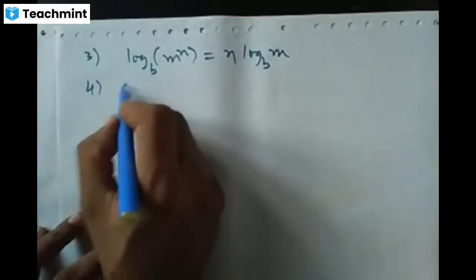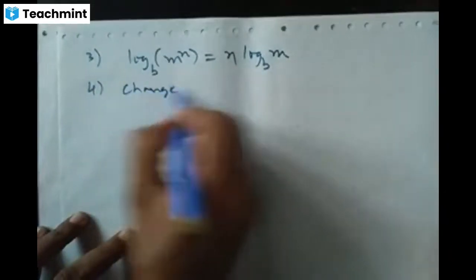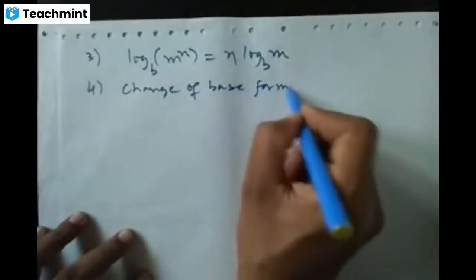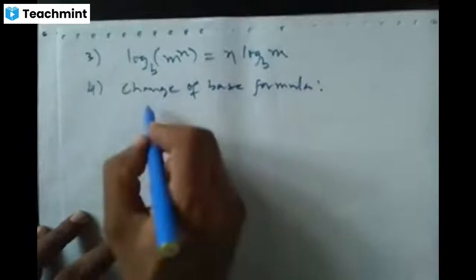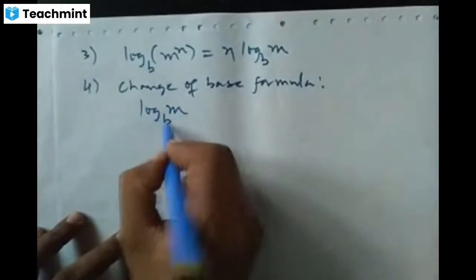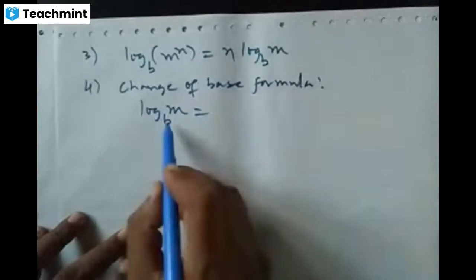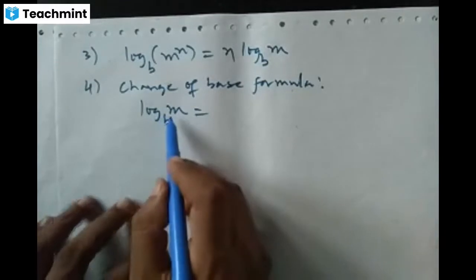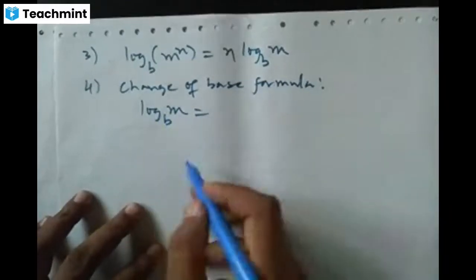The fourth property has a special name, change of base formula. It states that log M to the base B is equal to, here the base is B. We can change the base of the logarithm from B to any other valid base.